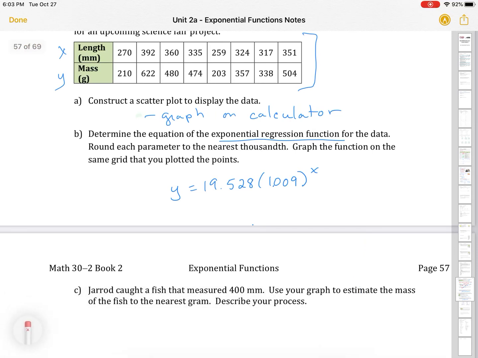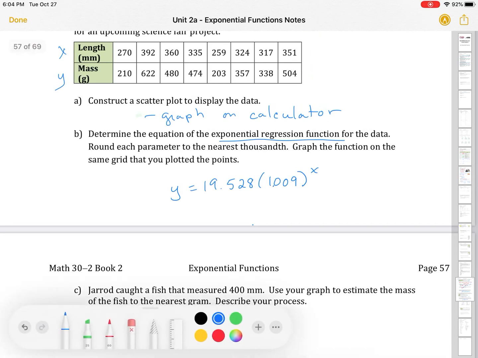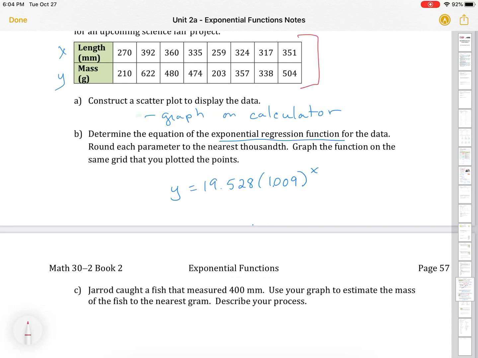So when you have that in your graph, 19.528 times 1.009 to the X, and you graph that. I'm just looking at my data. My windows are not good, so give me a second here while I change my windows, because our windows should be dealing with this data, right?